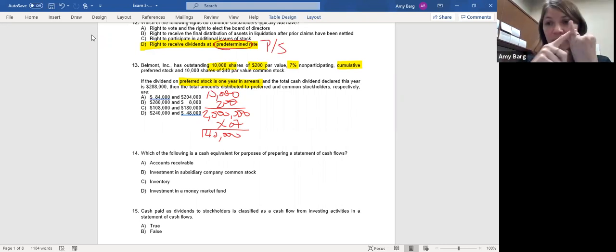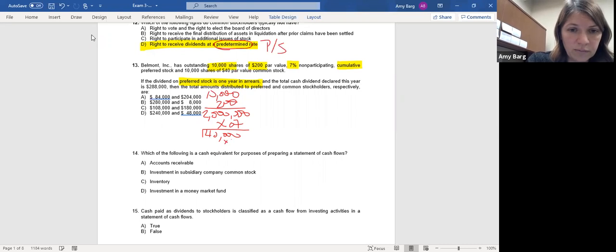So that means that you have to pay them back for that year in arrears, and then you need to pay them for this year too. So we're going to multiply that by 2 because it's 2 years that we need to account for. So that's $280,000 that we need to account for.